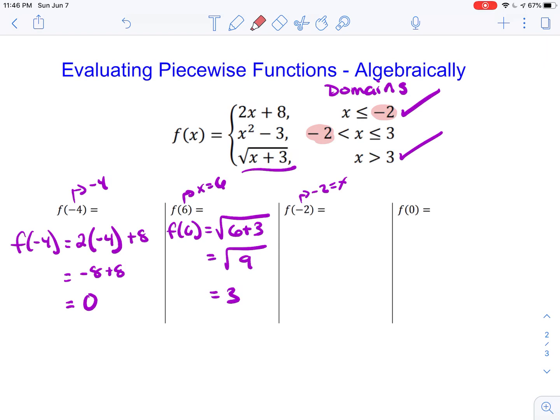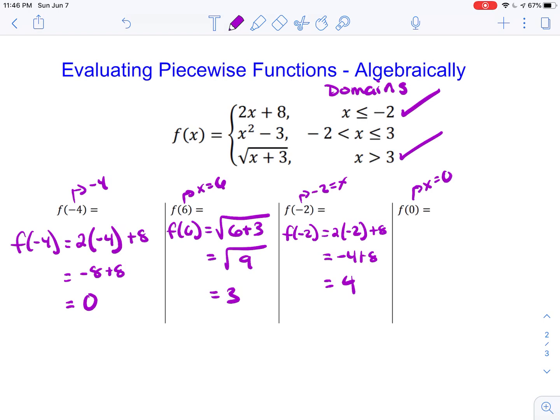For which part of this piecewise function is -2 a part of the inequality, and that would be this one up here because of that "or equal to." So we're plugging in -2 into this equation right here. So f of -2 is equal to 2 times -2 plus 8, which gives me 4.